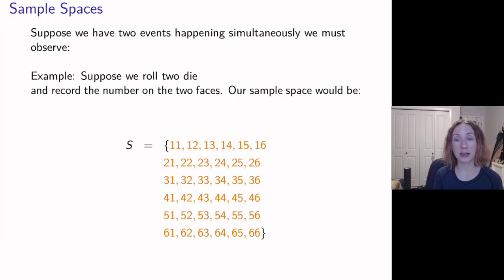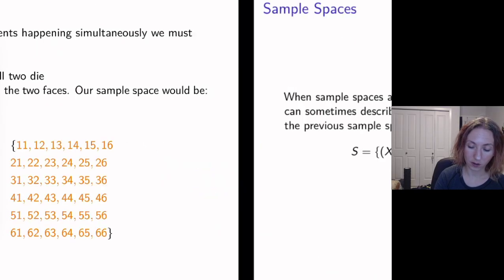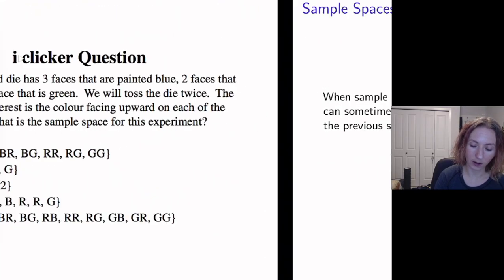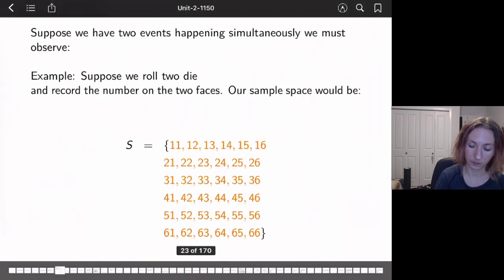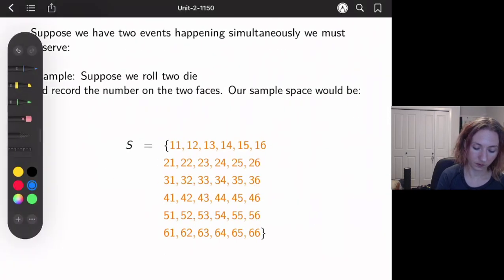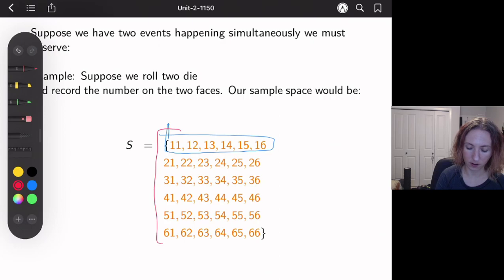If we look at the sample space here, we'll see that we have all of those things, for each possible outcome. Notice how for this whole row, they all start with 1s. For this column, they all end in 1s.